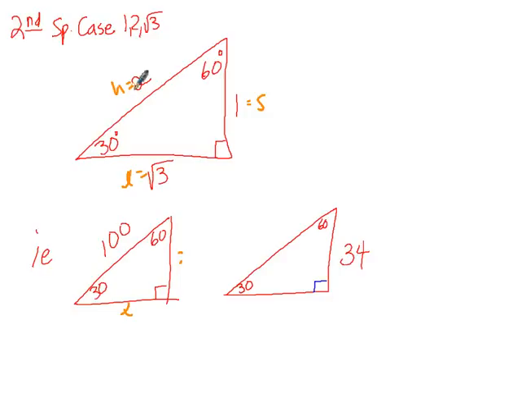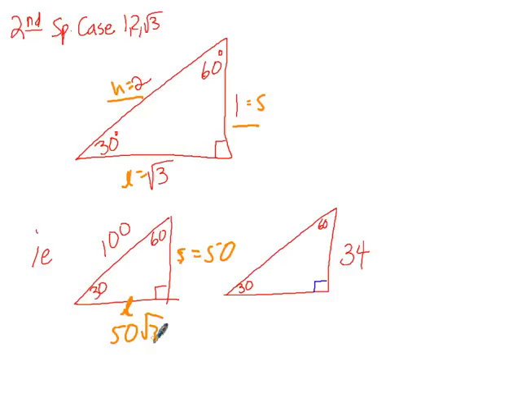So in this problem down here, we have 100 for the hypotenuse. So the short leg is going to be half that because it's 1, 2, 1, 2. So that'll be equal to 50. And then the longest leg is going to be the shortest side times radical 3. So it's going to be 50 radical 3. 1, 2, radical 3 are the proportions.